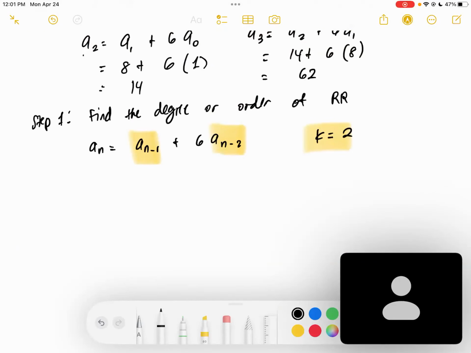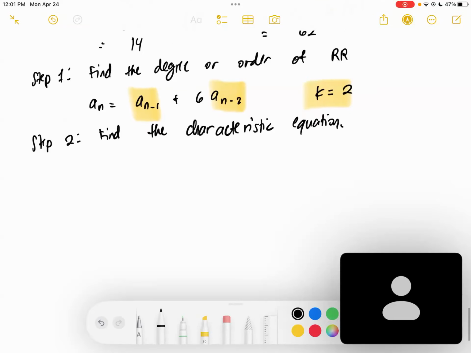So next would be step 2, and step 2 is find the characteristic equation. We can do that by the form a sub n equals r raised to n.